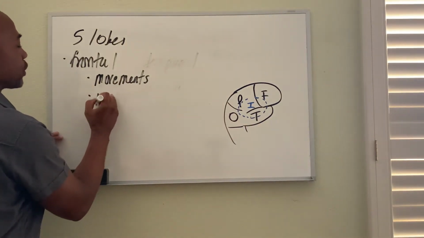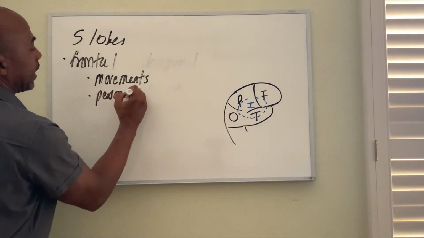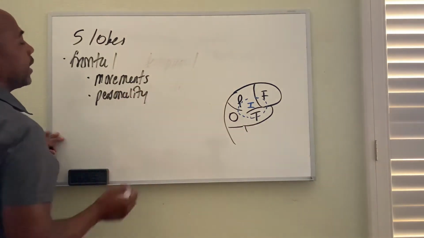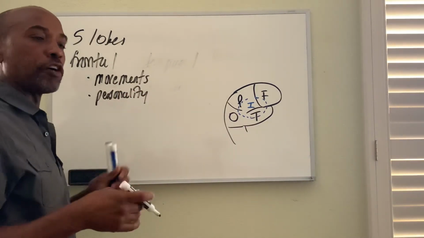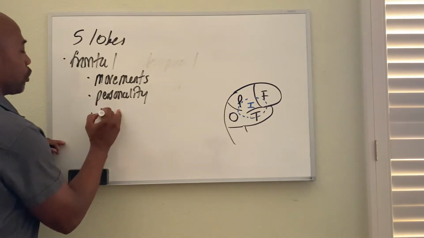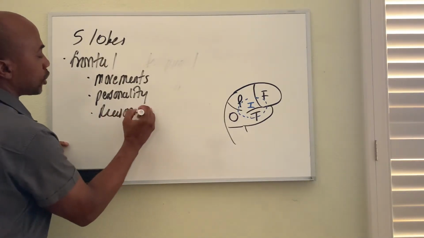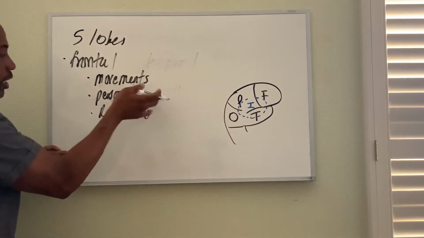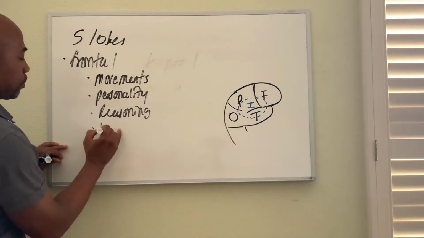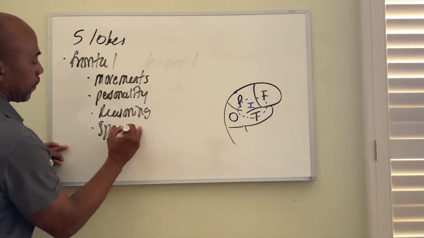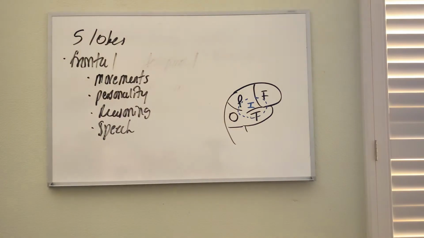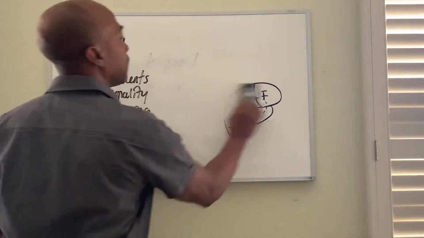Movements as well as personality. The kind of person you are is based on circuits inside the frontal lobe. Also your reasoning is a frontal lobe activity, linked to personality, of course. And also speech. Those are frontal lobe activities.